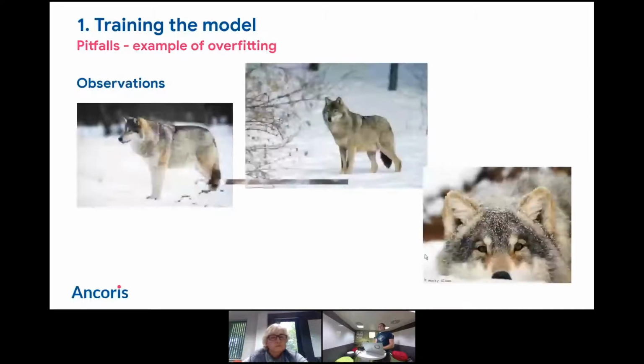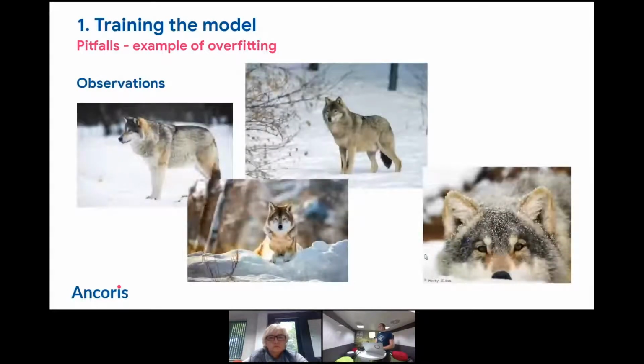In order to train this, you would have lots of images, some containing wolves, some not. You're trying to train the model on what a wolf looks like. And here are some of the images that the company were feeding into that model, which seems sensible, doesn't it? They're all wolves.